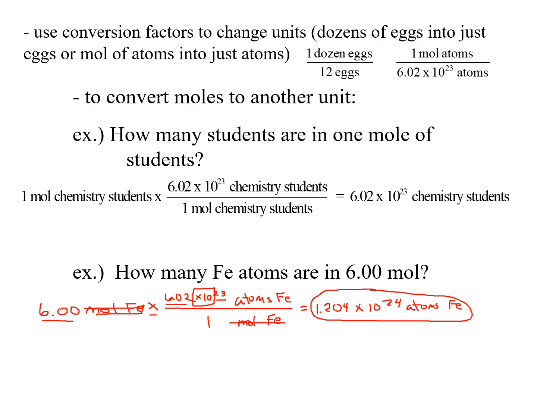In our original given, we had 3 significant figures, 6.00. That means this answer can only have 3. So that means this 4 here, I'm going to have to get rid of. So we'll go back and we'll erase, because I only want the 1.20. That gives me 3 significant figures. Okay?